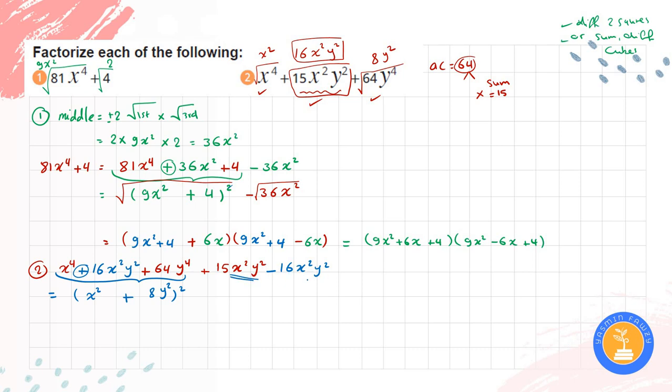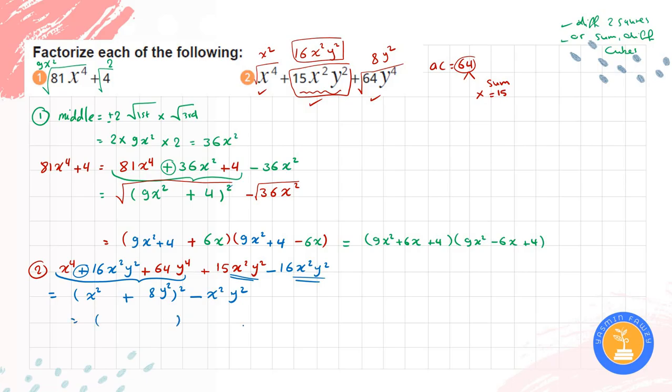Are they like terms or not like terms? Yes, they have the same variable with the same exponent. So what shall we do to the coefficients? We add or subtract: 15 minus 16 equals minus 1. So it will be minus x to the power 2 y to the power 2. Now we have a difference between two squares. Yes, we have.